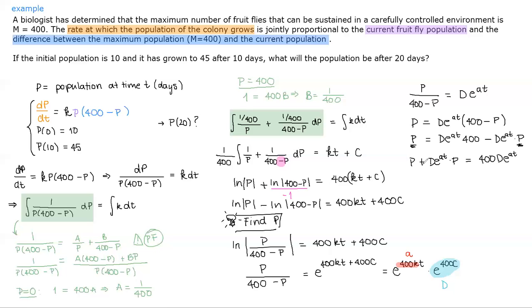We're almost there. If I want to solve for p, I'm going to try to divide by what's multiplying p, but I have two terms that are multiplying p, which means that I'm going to start by factoring p out. So I'll have p times 1 plus d e to the at, which is equal to 400 d e to the a times t.